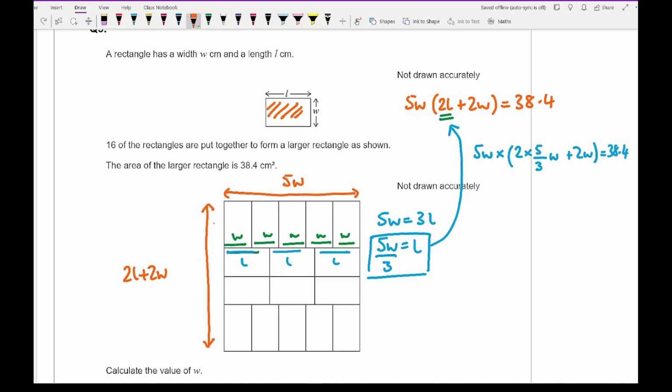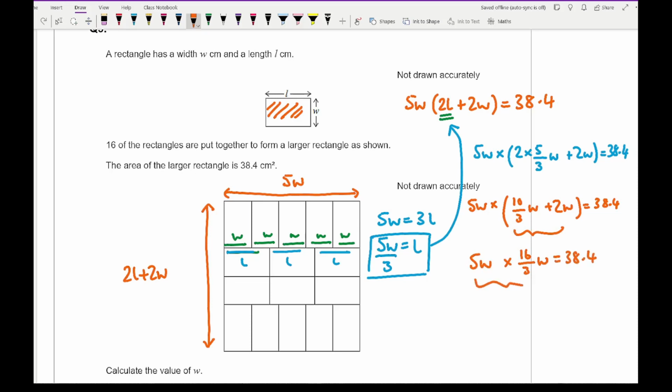Now that might seem a lot of working out, but actually it's not that bad. So here I've got 5w multiplied by, if I neaten that up, 10 over 3w plus 2w equals 38.4. And if I neaten this up, I'm going to get 16 over 3w multiplied by 5w, and that equals 38.4.